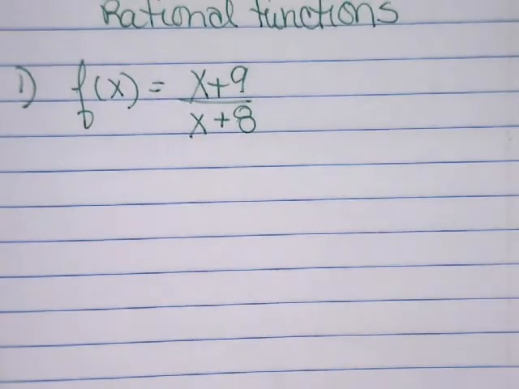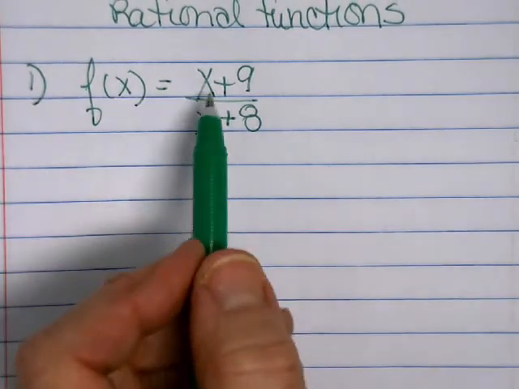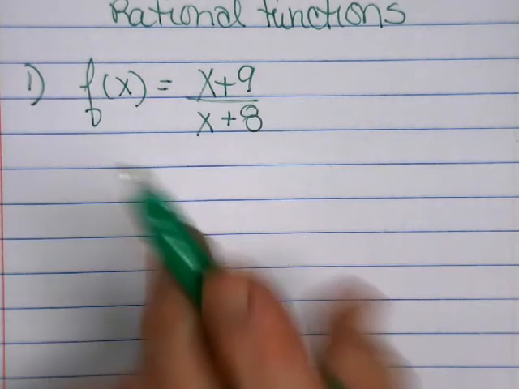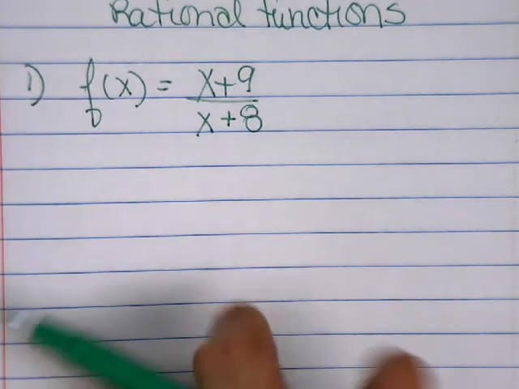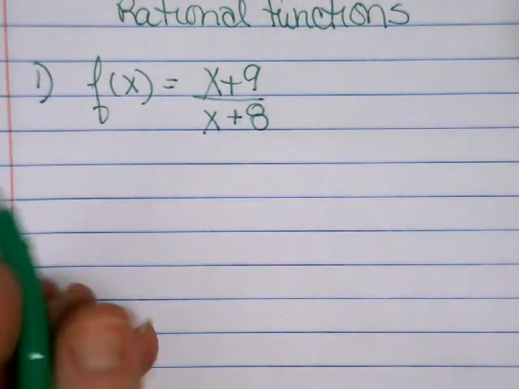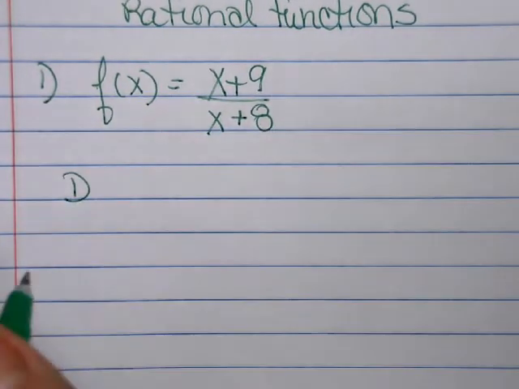They're starting us with, and you're going, well, that's a pretty simple rational function. Well, the reason why it's less complicated is because there's a variable in the numerator and denominator, where simple functions just had a variable in the denominator.